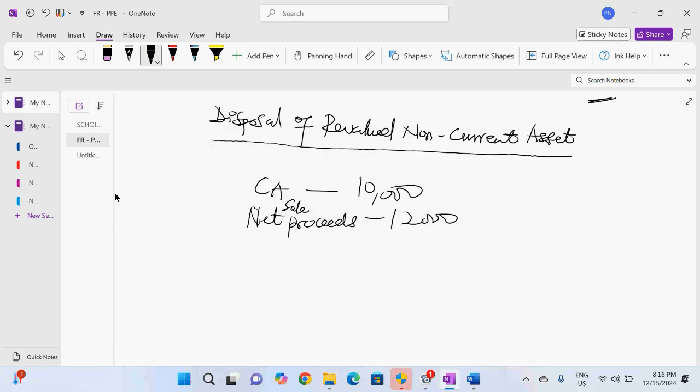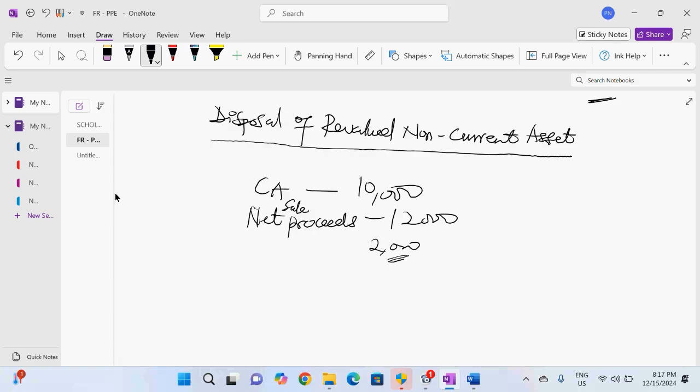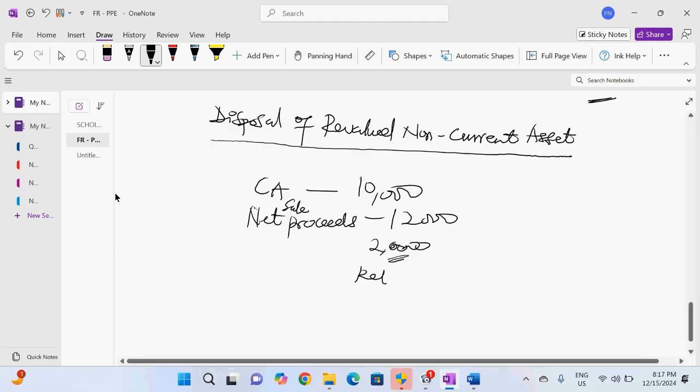So you see that you are getting 12,000, so you are making a profit of 2,000, right? Any remainder, the profit that you are making on this, will be sent to the retained earnings.